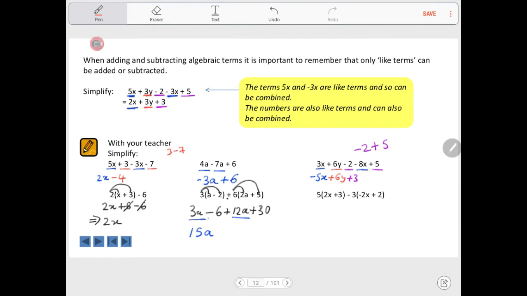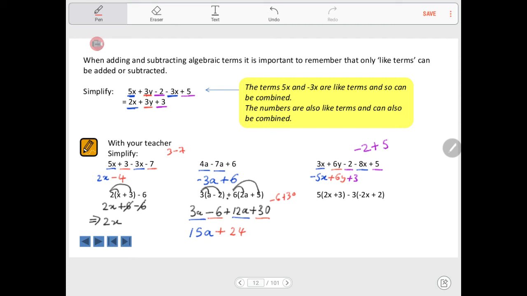Okay, see if you can figure that out. What's negative 6 plus 30? Okay, the signs are different, so we'll find the difference between 6 and 30, which is 24. The biggest number is 30, which is positive, so it's plus 24. So the answer there, 15a plus 24.